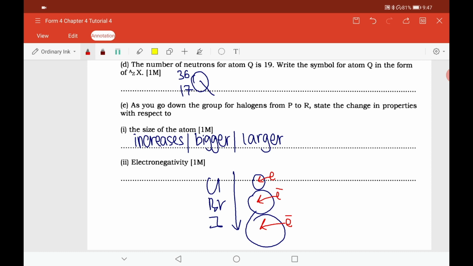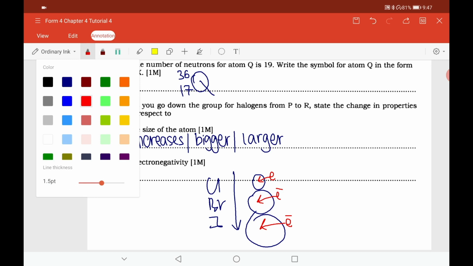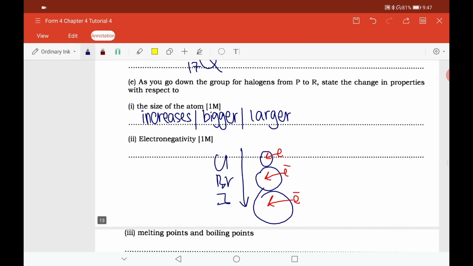When it's hard to receive electron, it become less electronegative. So electronegativity will decrease, because going down the group, it become harder and harder to receive electron.